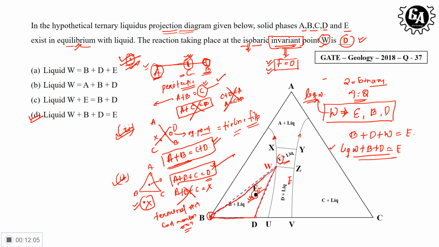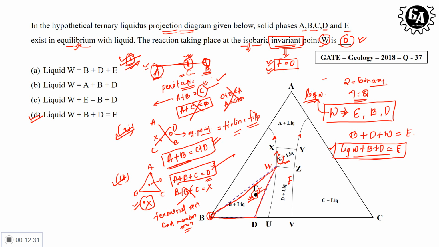This is a hypothetical question, they are only asking the reaction taking place at point W. Simply, if it is crystallization, then the bulk composition will move towards the point X. So what will happen at this point? Liquid W, B plus D, they will give rise to E.